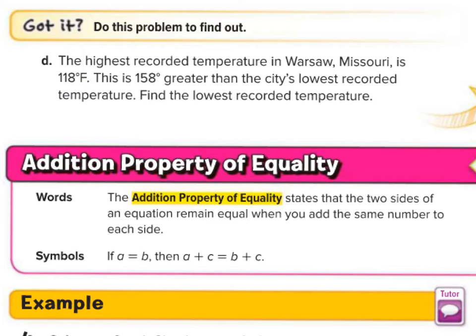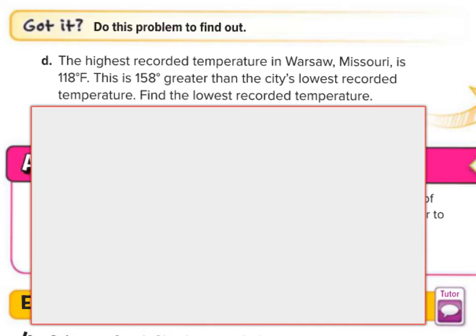The hottest day is that much hotter than their coldest day. Find the lowest recorded temperature. Okay, I want you to pause the video now, and play it again when you've found your answer, or at least when you've tried to find your answer. Okay, I hope you've tried to find your answer, and I really hope you found your answer.